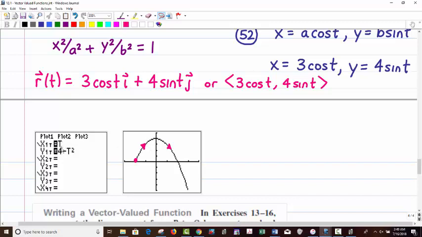Put in 0, you get 0, 4. So you see it's going in a clockwise orientation here. Later on, that orientation will be important when we start doing some work stuff and a few other things. The direction the force field's going will make a difference. Well, anyway, I'm going to graph this other one here in real time.